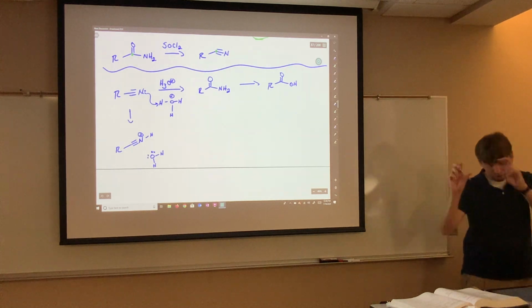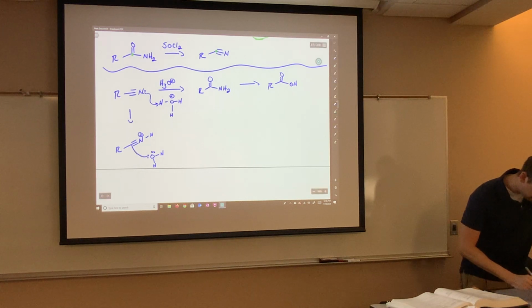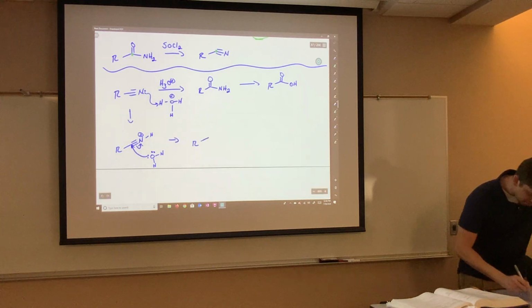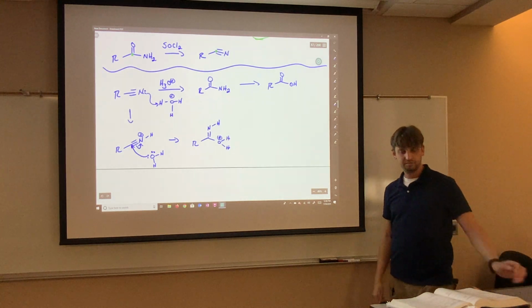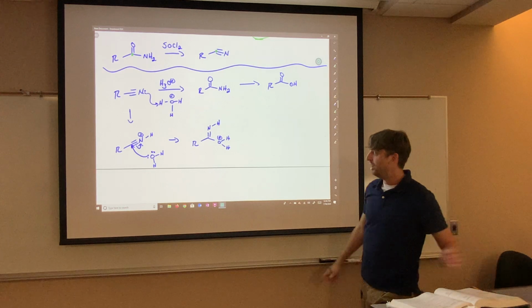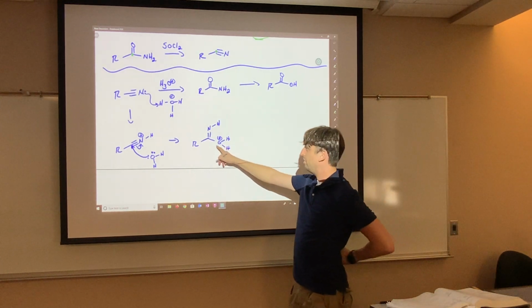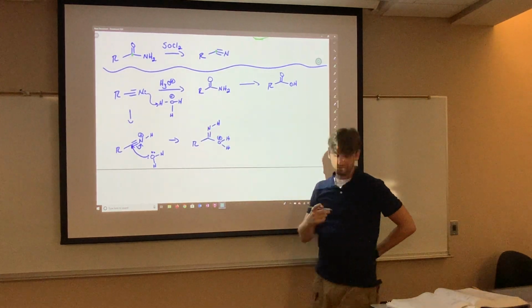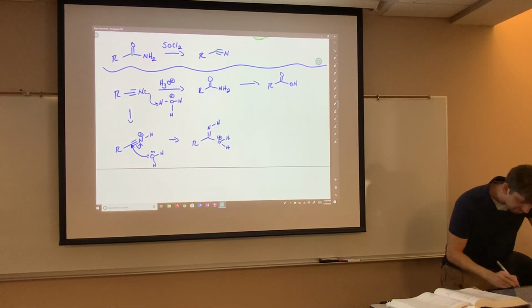Attack at the quote carbonyl carbon. So very similar to what we saw previously. Now we've got to shuffle some protons around. Something's going to come grab one of these and something's going to end up protonating that there, okay? So let's do that.